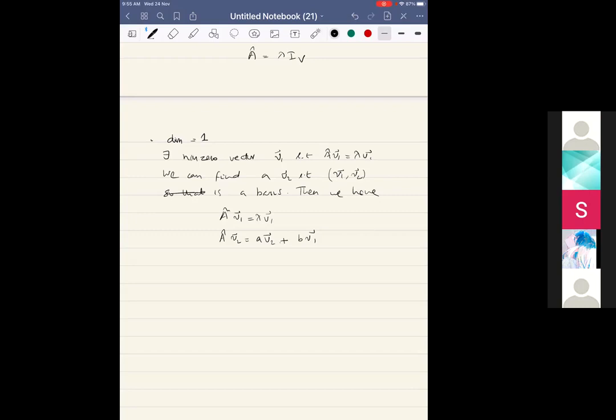Now if you write the matrix of A hat with respect to the basis V1, V2, we find it is lambda, A, B, 0.